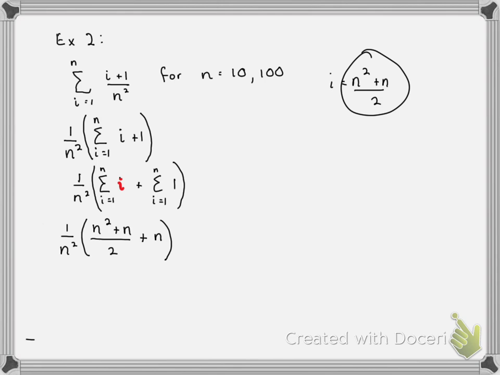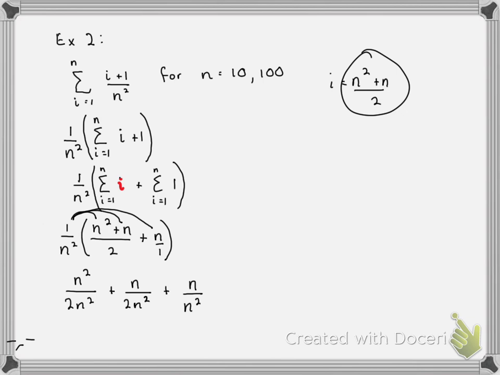Okay, so here's what we've got so far. Now the process is to distribute the 1 over n squared into everything inside the parentheses. So we will start here, and we will get n squared over 2n squared. Okay, then we'll go out here, plus n over 2n squared. And then we will distribute all the way here to get plus n over n squared.